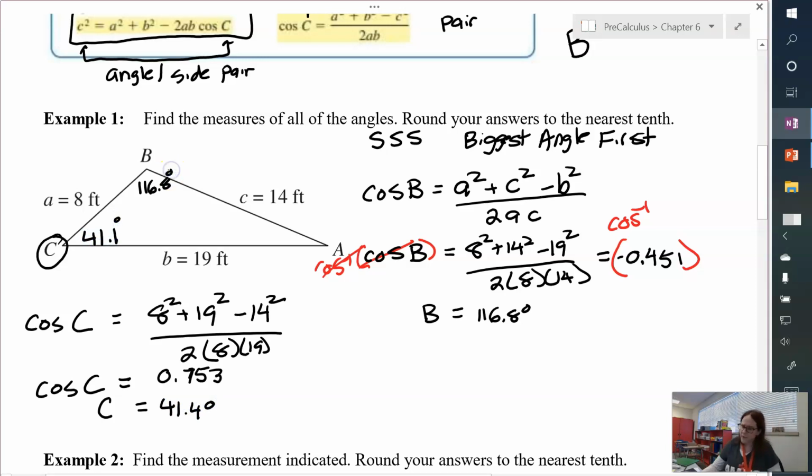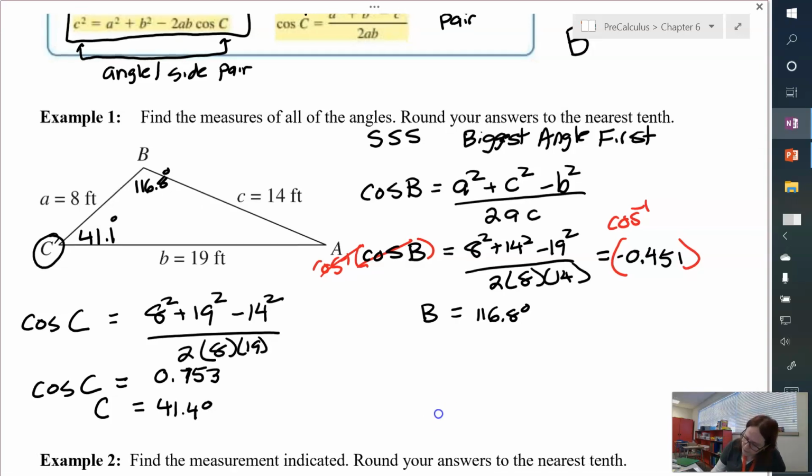All that's left is angle A. That one's easy peasy. Just add your two angles that you know, B and C, together, and subtract them from 180 using the triangle sum theorem. So angle A is 180 minus angle B, which is 116.8, and minus angle C, which is 41.1.